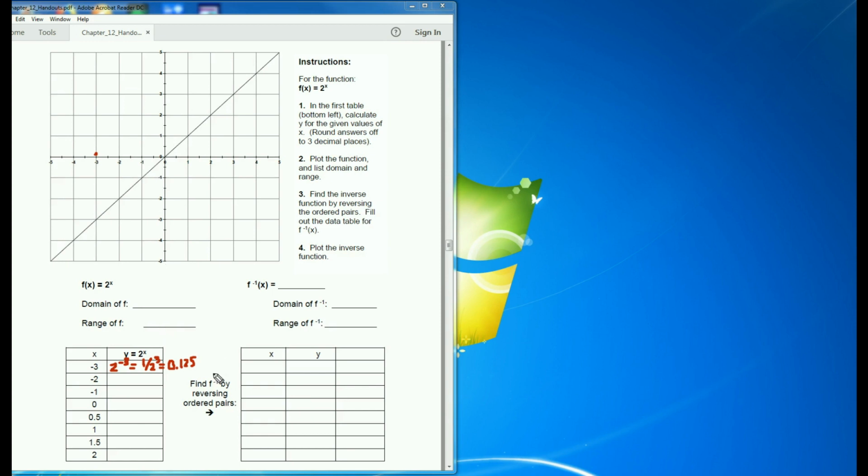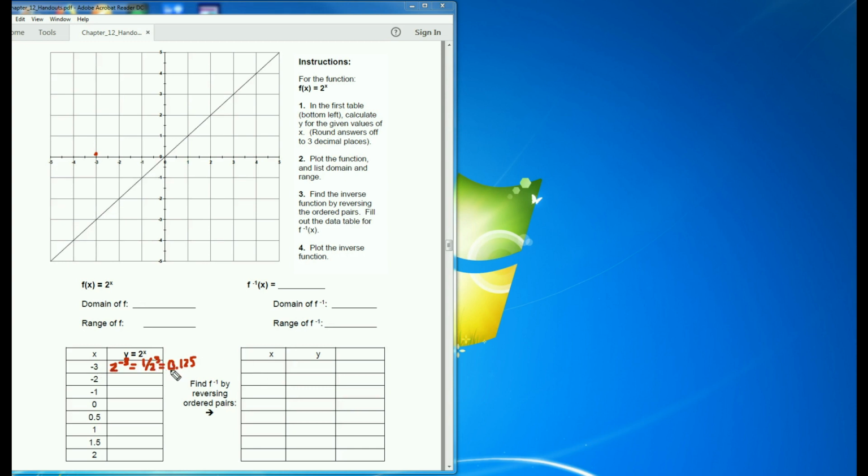Then I want you to find the inverse function simply by reversing the ordered pairs. We learned that in the previous section. That's the simplest definition of an inverse function: you just take x, y and reverse it.